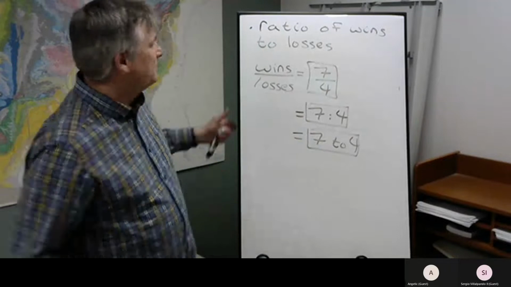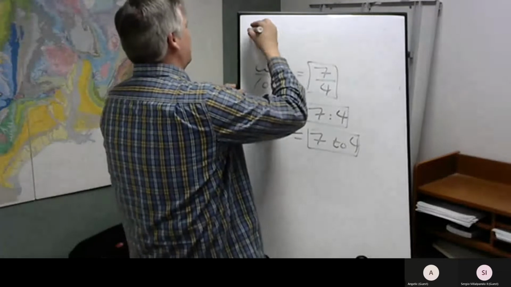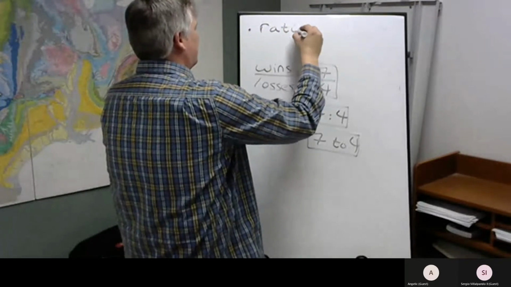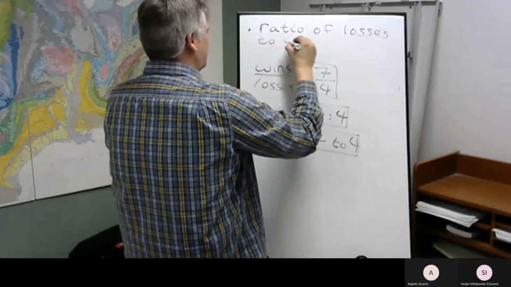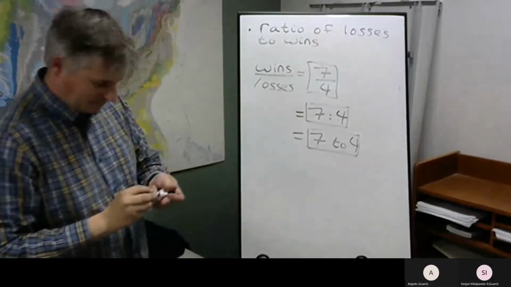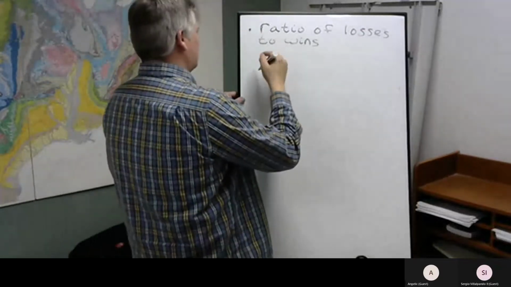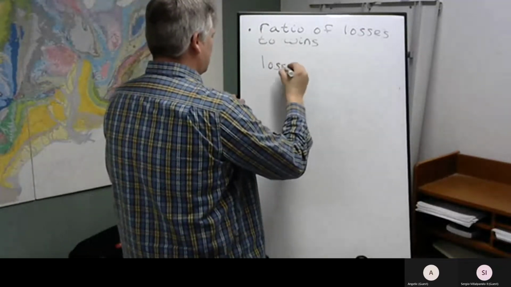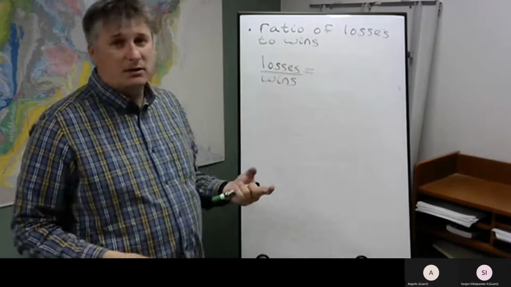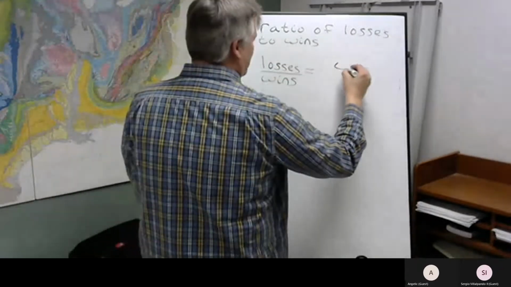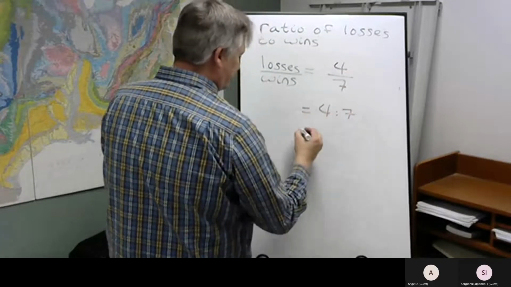So just as a point of notation, if you did losses to wins, well, now losses will be on top, wins will be on bottom. 4 over 7. 4:7.